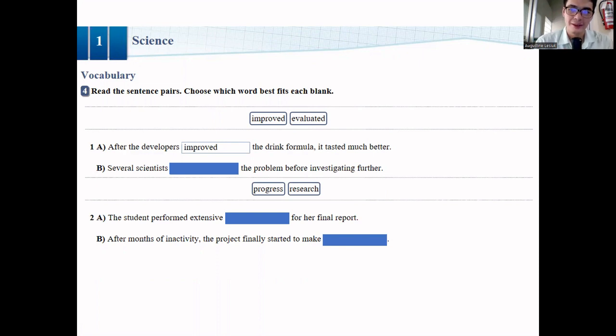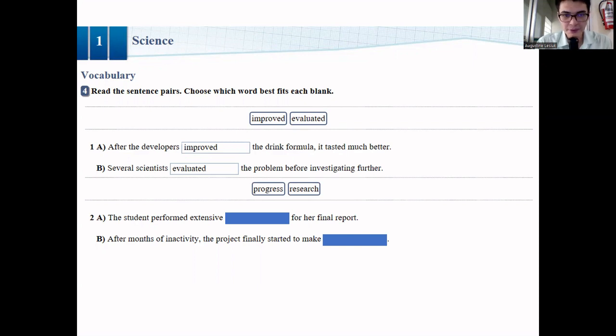All right. For the next one, several scientists blank the problem before investigating further. The answer, several scientists evaluated the problem before investigating further. So they observed, they calculated, they evaluated the problem before they continue investigating.